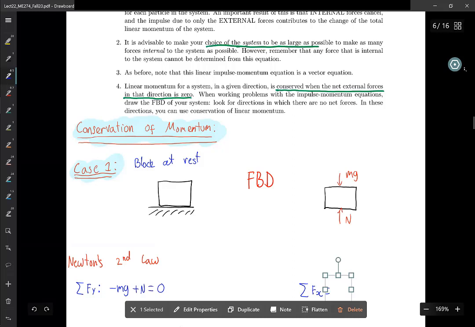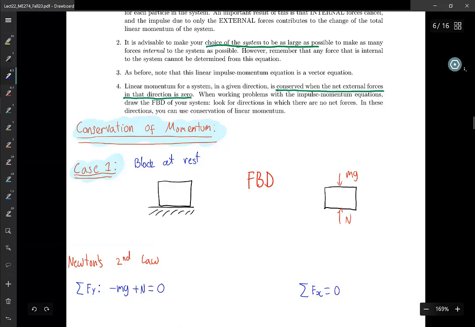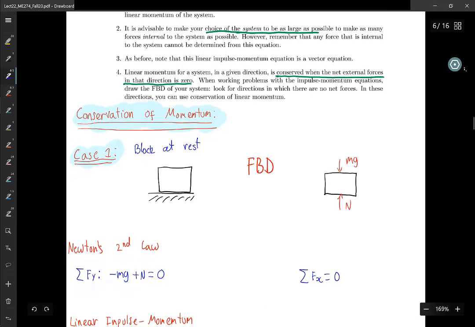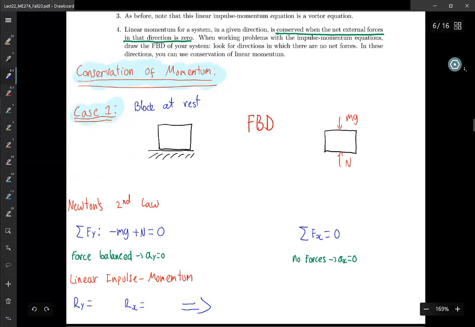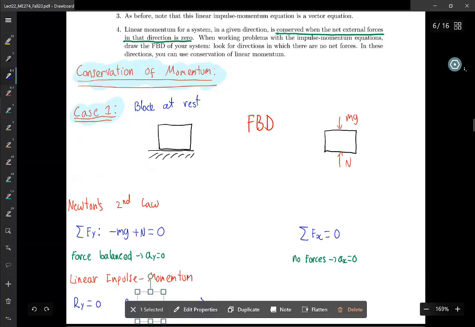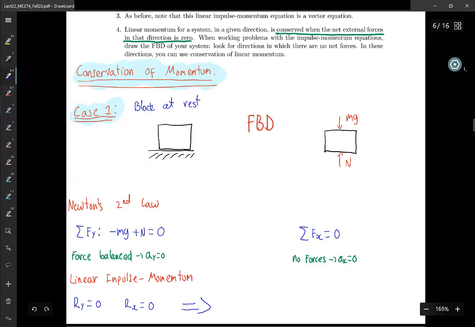And in the x direction, there are no forces, so we have 0, right? So the acceleration in the y direction is 0 because the forces are balanced. There are no forces in x direction, then the acceleration is 0. So the reaction forces in the x and y directions are 0.